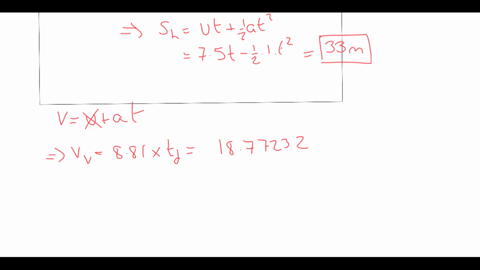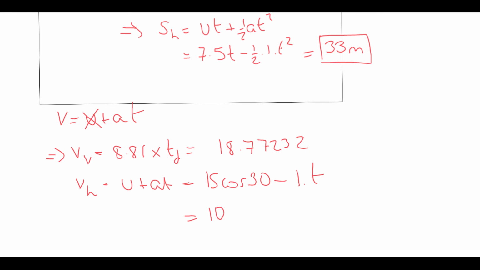And the horizontal, it started off in the horizontal direction at 15 cosine 30, and it had an acceleration of 1 acting on it the whole time. So this is just going to be t, and we get a component there of 10.165.